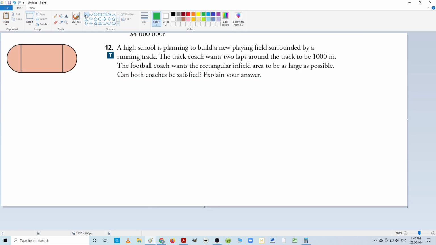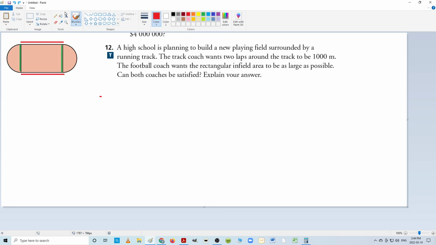First of all, notice that the track has a short length here that's matched over here, and has a longer length over here that's also matched over here. Trying to build this new soccer field running track. The track coach wants 2 laps around the track to be 1,000 meters. So 2 laps. So if I go all the way around that, he wants twice to be 1,000 meters.